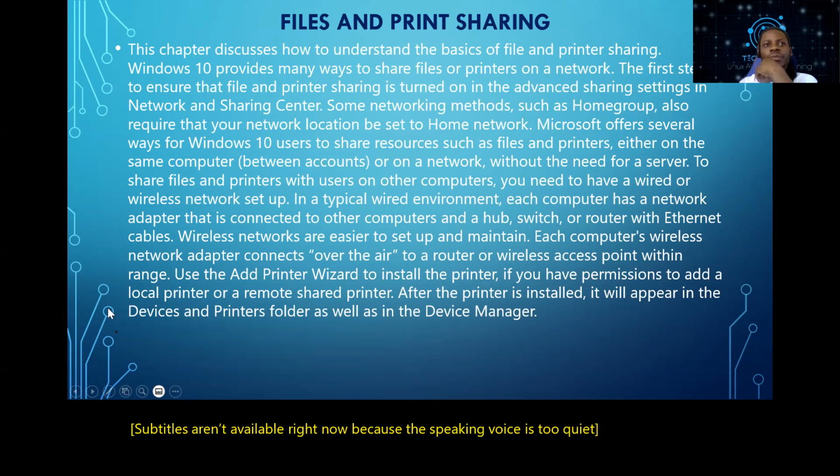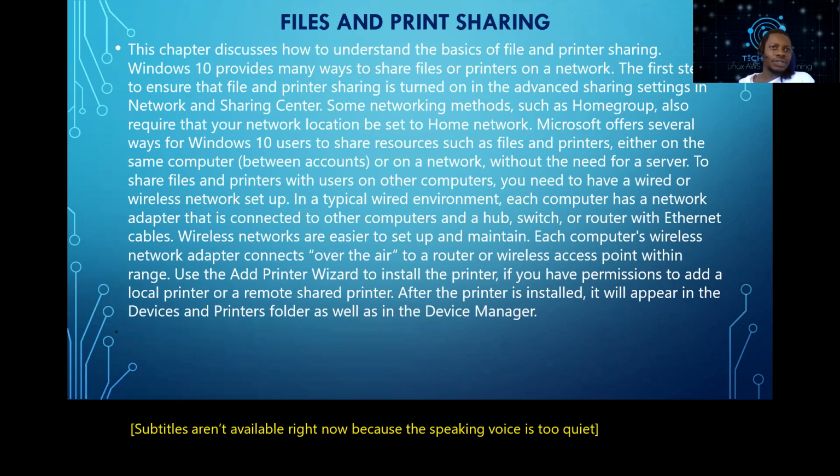But pretty much going up here, we don't really have that much explanation. We have more of the doing side, not really the practical side, not really the explanation part. But these are just some of the ways we can do file and print sharing. So file and print sharing is pretty much straightforward.